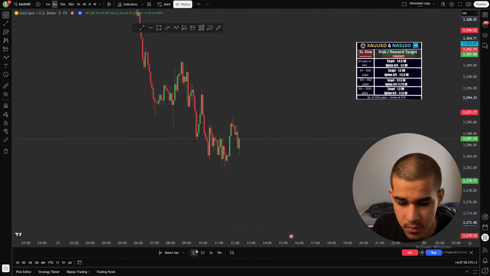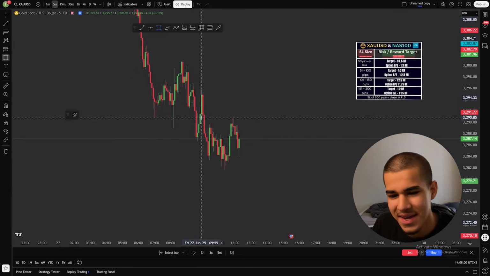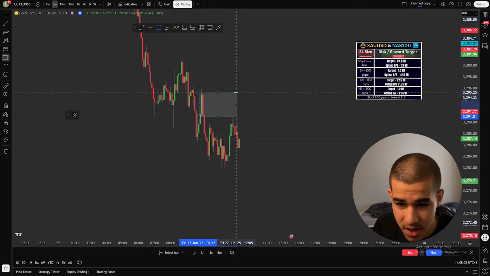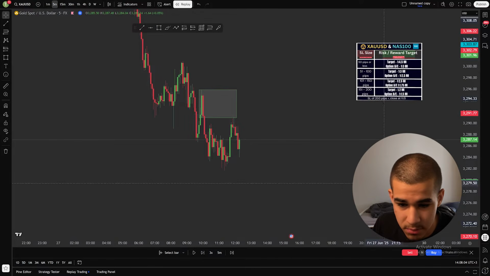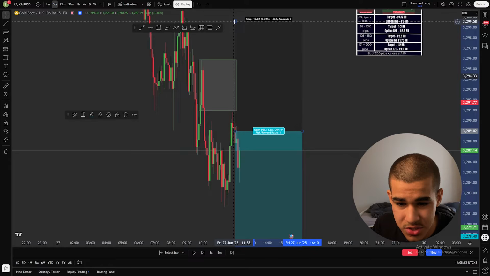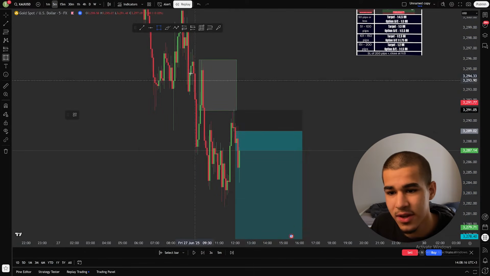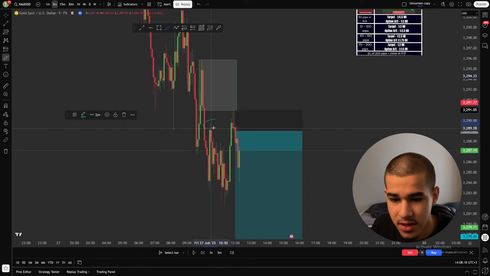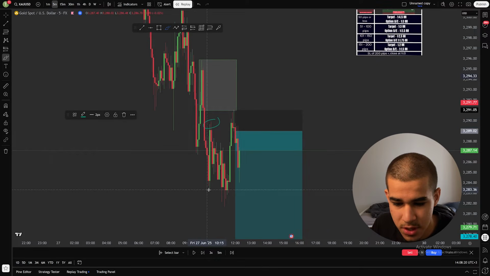All right, well, I kind of missed this. I misclicked my play button, but yeah, it's an okay trade. I wouldn't say A plus. This will be a break of candle entry, a stop loss just right over here. Liquidity is this right here, break of candle, break of structure right here.